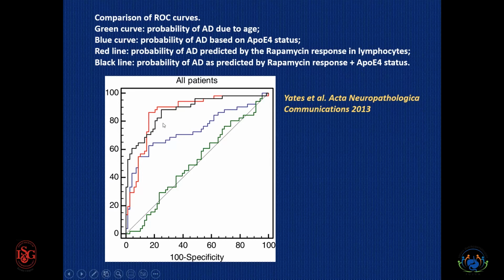And when you add the rapamycin response in lymphocytes, it again moves upwards. And when you combine rapamycin response with the ApoE4 gene, it goes still higher. So you can compare the different tests by drawing the ROC curve in the same population.